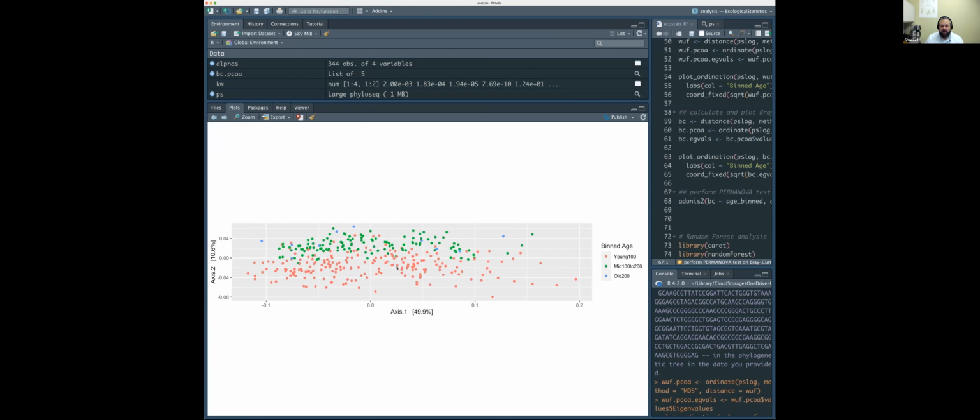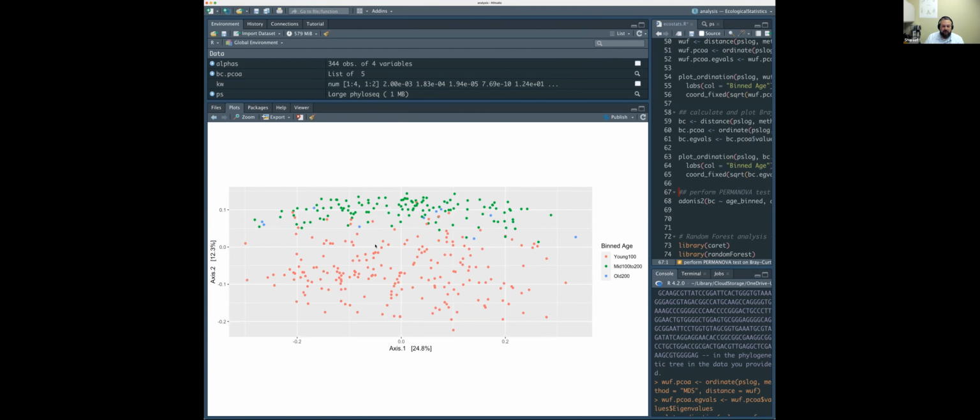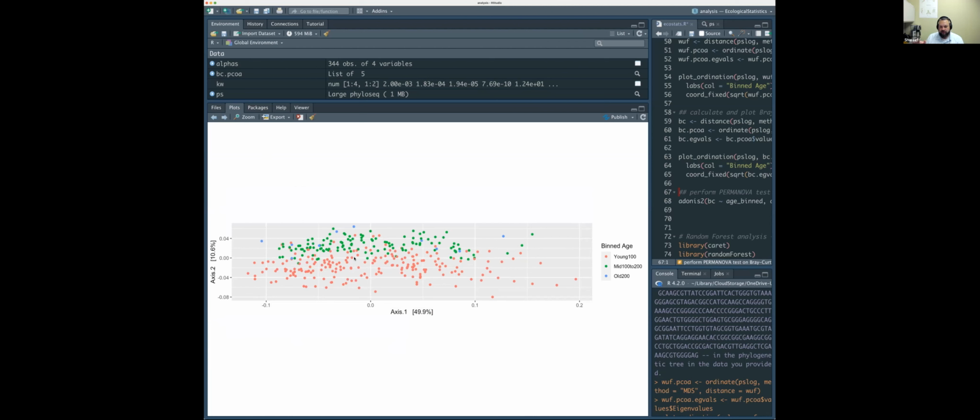But by looking at the decrease in separation between the groups, and again, you can go back and actually look at what species are there, you can interpret that as, since the weighted unifrac incorporates the phylogenetic tree, that a lot of the species shared among the young mice are species from the same part of the phylogenetic tree. So in the young mice, you might have a whole bunch of species from the same genus, for example.